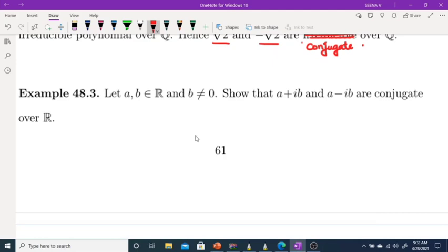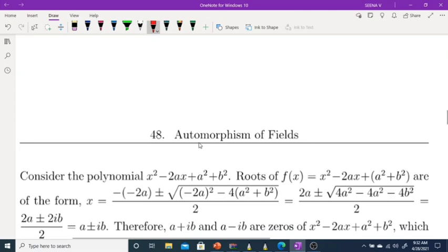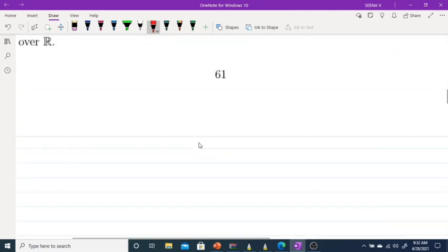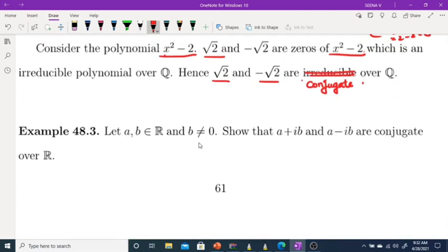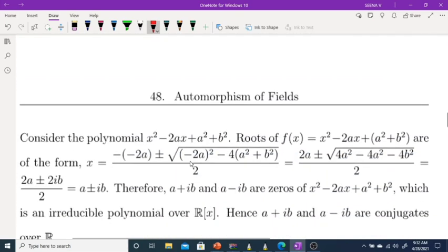Now let a, b belong to R, b not equal to 0. Show that a plus ib and a minus ib are conjugate over R. What we have to prove is that the irreducible polynomial of a plus ib over R is the same as the irreducible polynomial of a minus ib over R. For this, we are considering the polynomial x square minus 2ax plus a square plus b square.